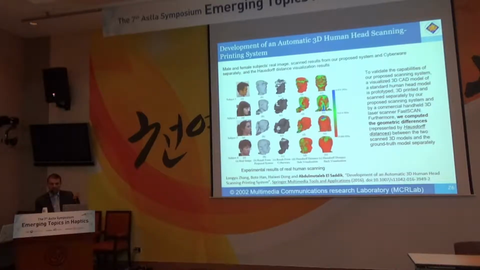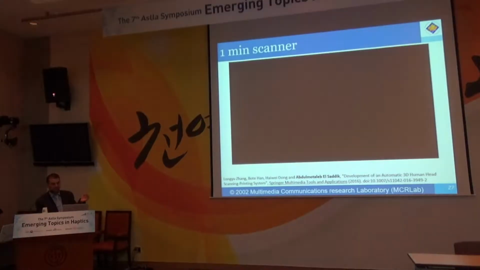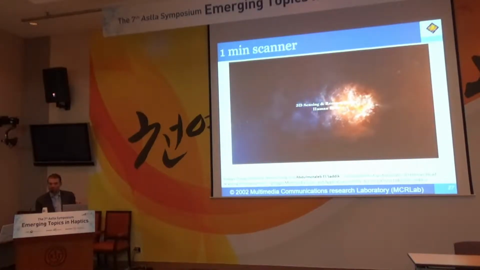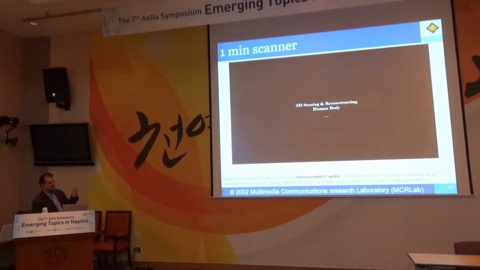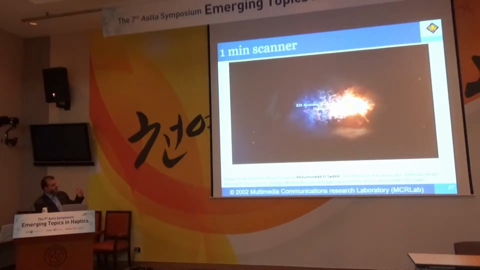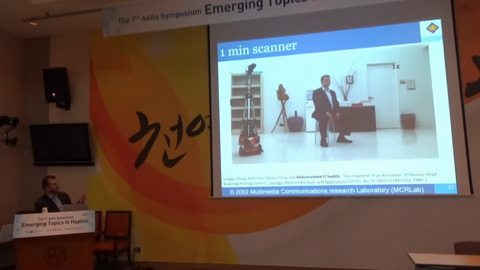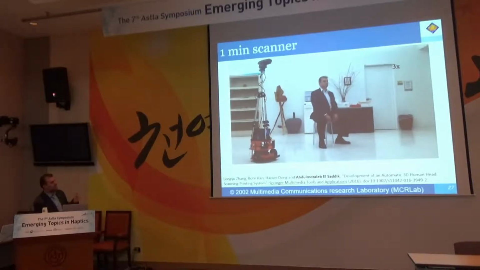So we performed what we call 3D scanning in order to see whether different graphic properties can be measured and haptic properties can be applied to it. One of the projects I performed in this regard was a Kinect mounted on a robot in order to get the 3D human head scanning within 1 minute.